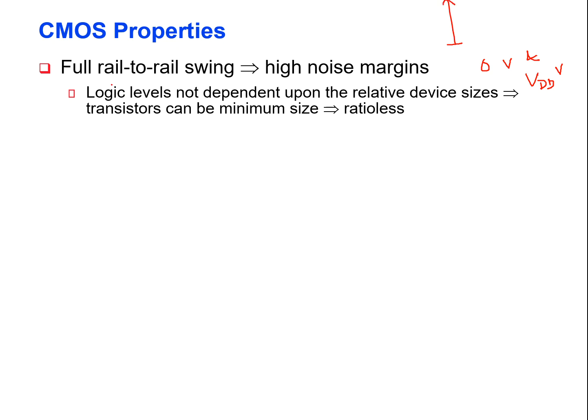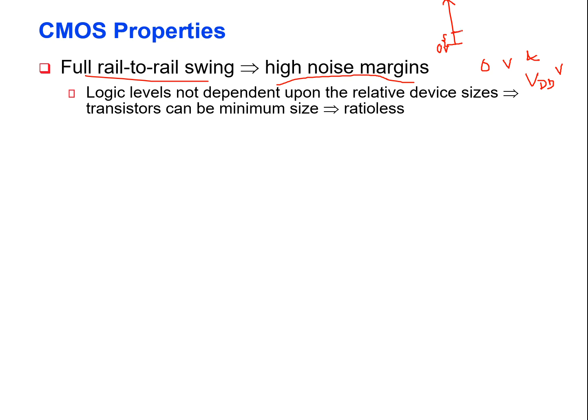Now, this full rail swing has a high noise margin, which means that if I'm giving 0 volt as input, sometimes due to any fluctuation my input voltage may vary, so that noise margin should be considered.